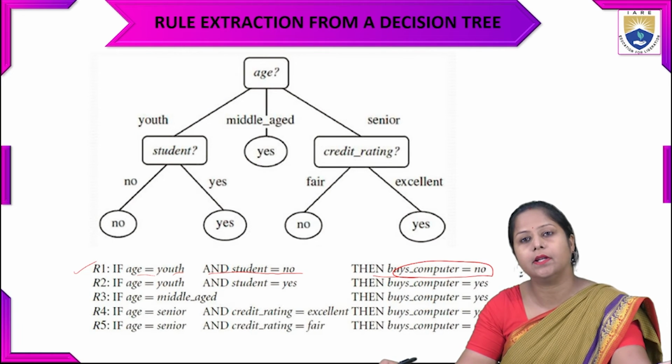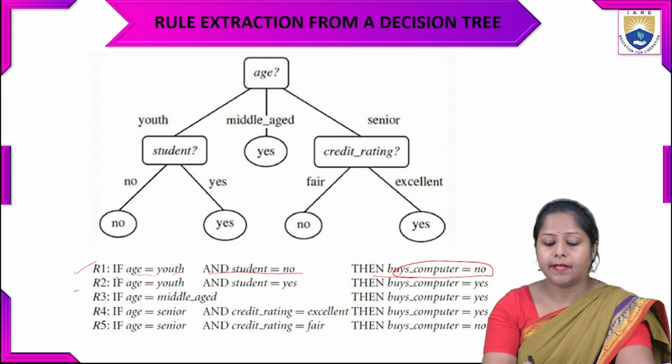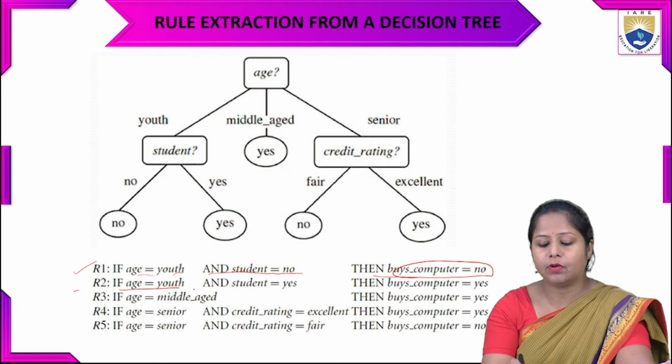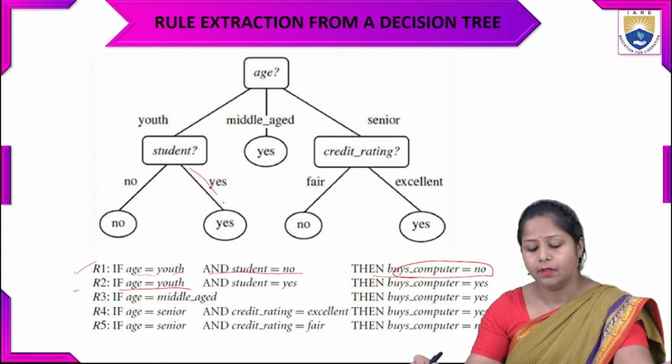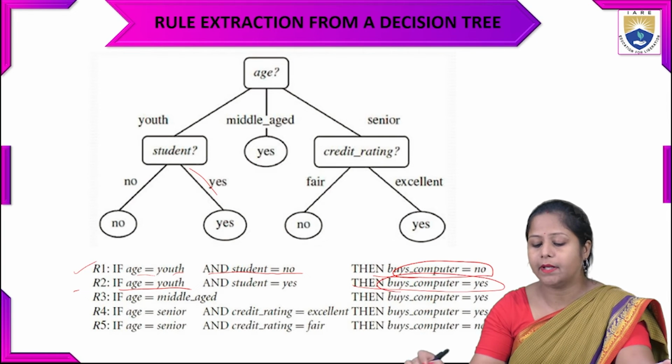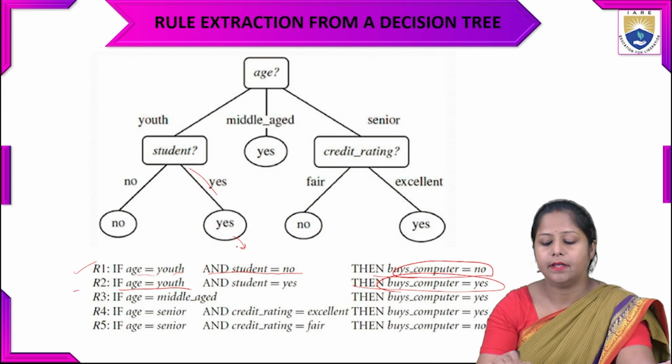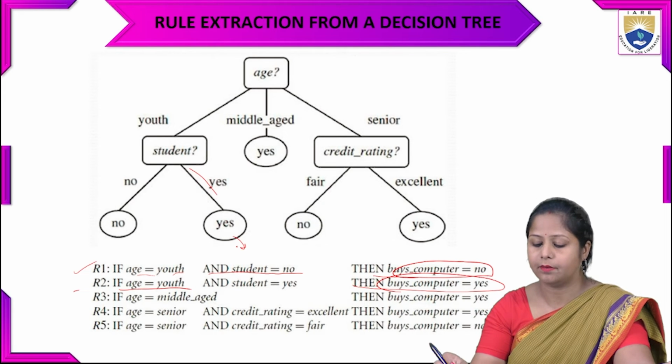That is easy to understand actually. The second rule: age is equal to youth and student is equal to yes. For this branch, that will be classified as yes. He is going to buy the computer.